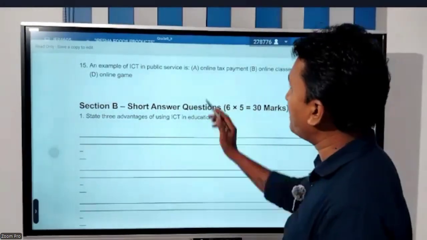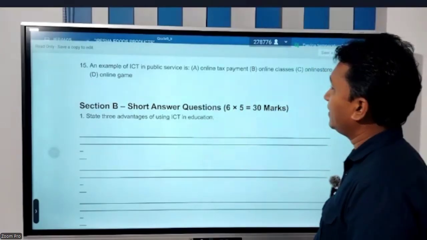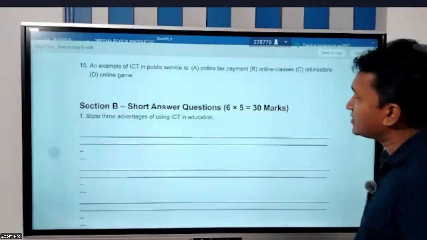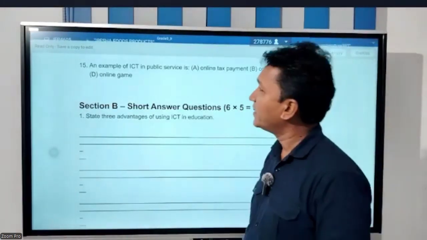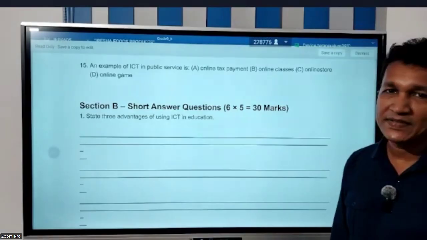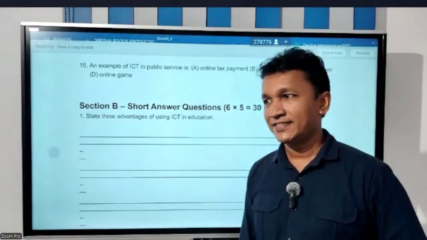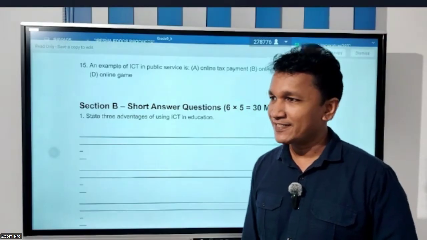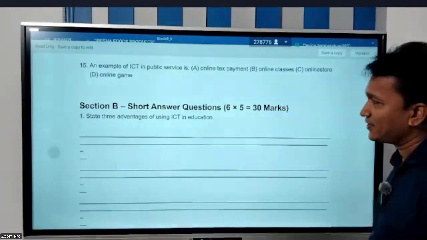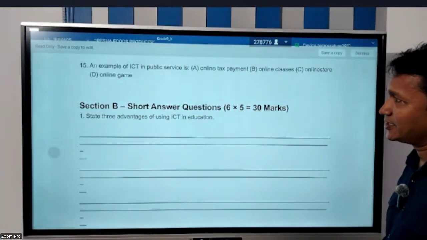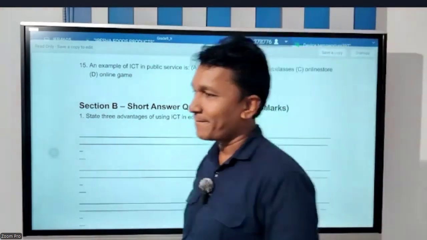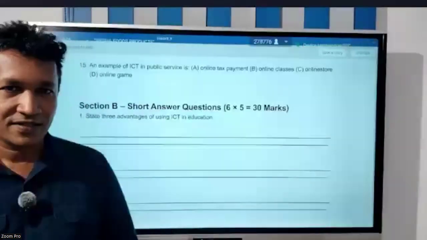Examples of ICT in public service are online tax payment, online classes, online store, online game. An example of ICT in public service. Online tax payment.